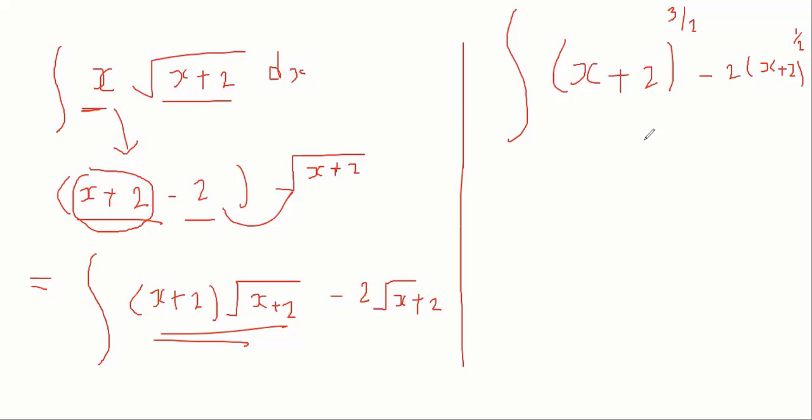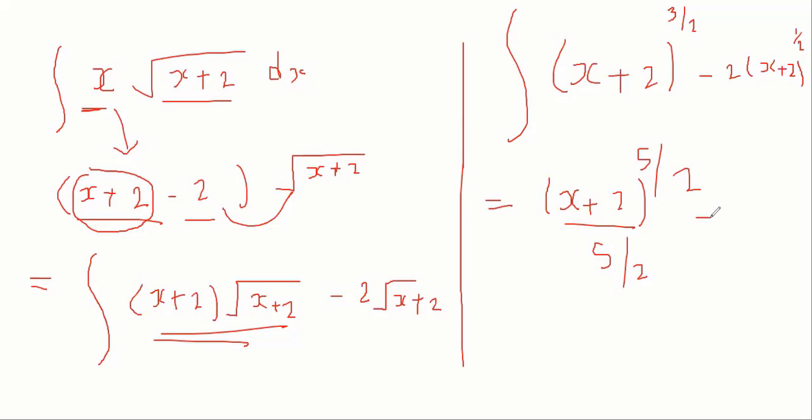What is the integration of x to the power n? X to the power n plus 1 by n plus 1, right? So the integration of x plus 2 power 3 by 2 becomes x plus 2 to the power 3 by 2 plus 1, so 5 by 2, divided by 5 by 2. Everybody agree on this? We know this. We got a standard function.